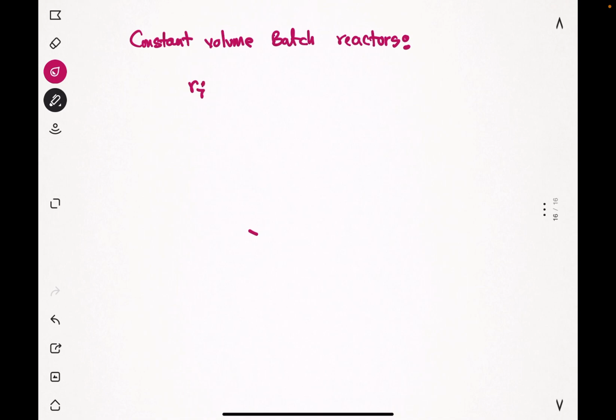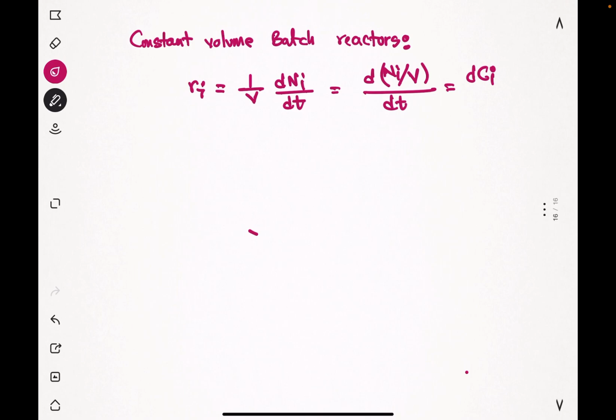So we are familiar with this equation. Here V is the volume of the reactor, and we can write it like this: dNi by V dt, and then this Ni over V is basically dCi, the concentration within the reactor.